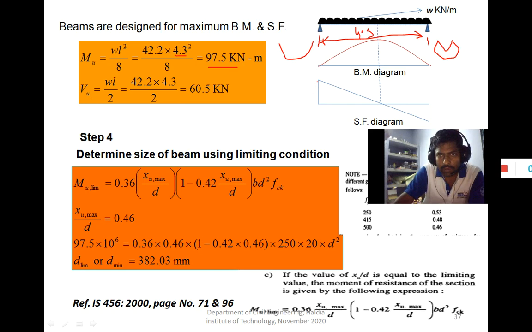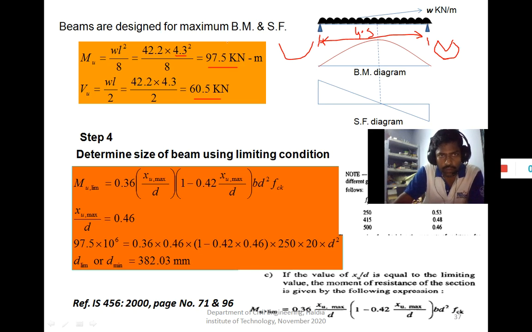It is maximum at the support, then decreases, is zero at the middle, again increases, and is maximum at the support. The maximum shear force is 60.5.